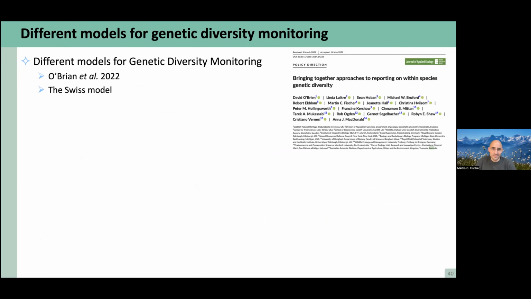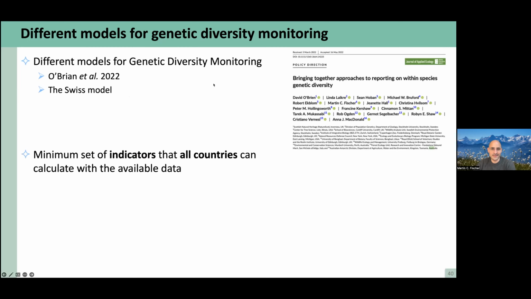But I would also like to be clear that what I have presented here is the Swiss model, which is a luxury model going for full genome sequencing and so on. And David O'Brien has written a nice paper showing what other monitorings are currently running. I think we need to be clear that we should have a minimum set of indicators that all countries can calculate with the available data.